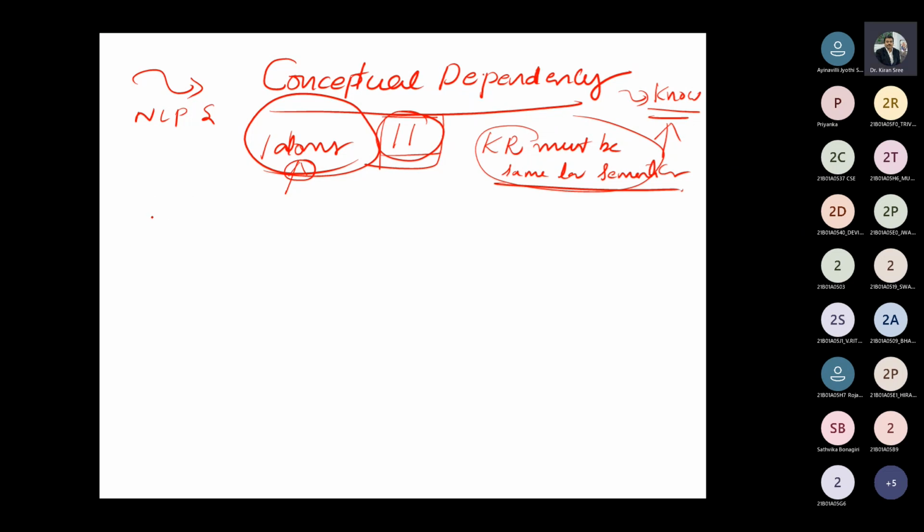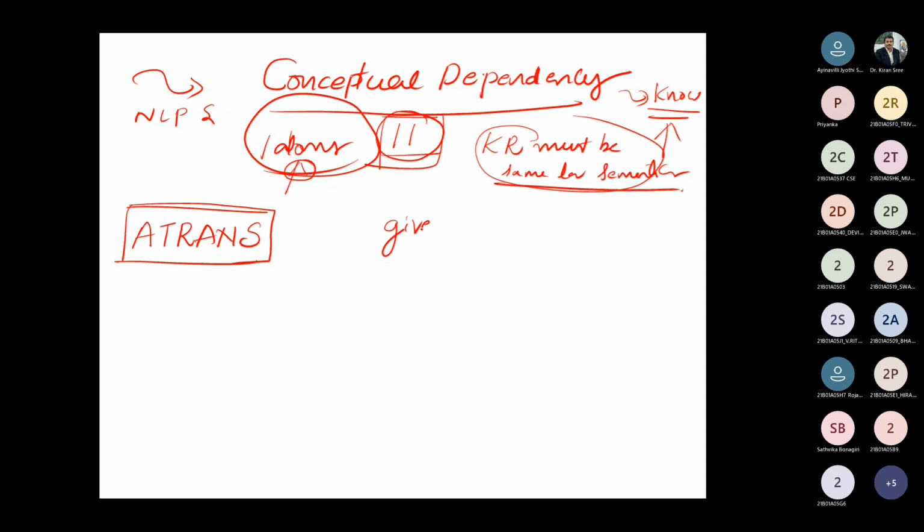So a lady has entered into the class and took a textbook. We can represent this in terms of A trans. A trans is a primitive because if you write A trans in Prolog, the system can recognize it. It tells you about the abstract transfer, like give, take.